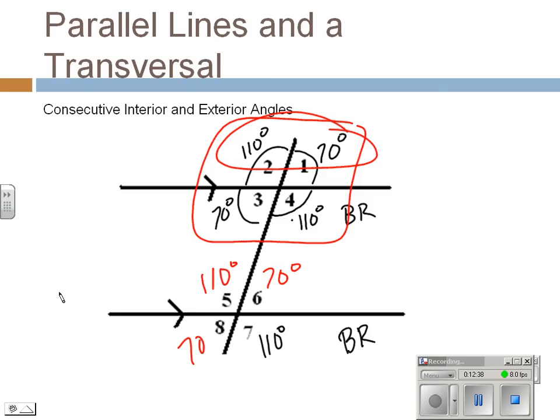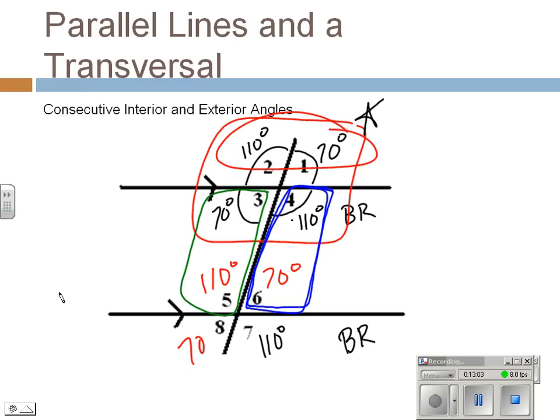And now let's talk about consecutive interior angles. Consecutive interior angles add up to 180 degrees. So both sides, you can look at either side, 3 and 5 add up to 180, and 4 and 6 add up to 180. The same thing is true when you look on the exterior.